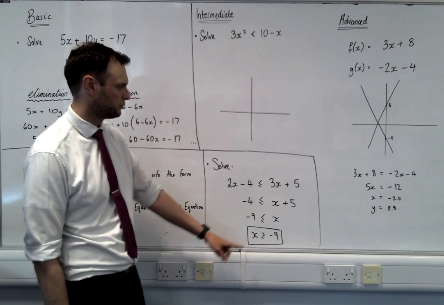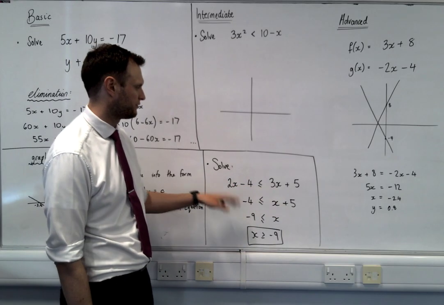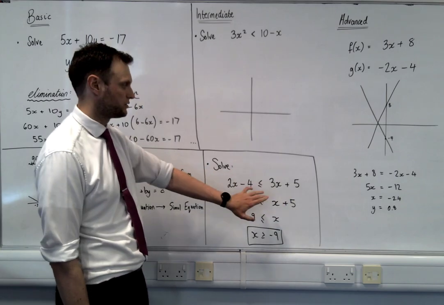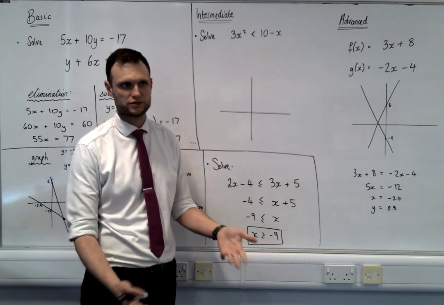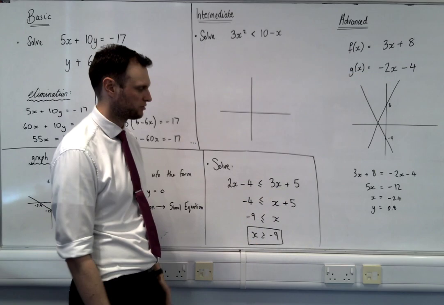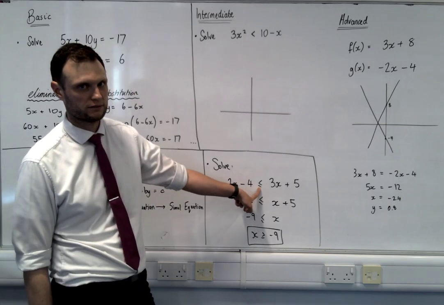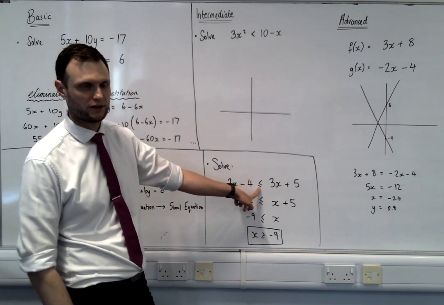So for example, if I'd have taken away 3x and then added 4, I would have minus x equals 9. If I wanted to change that to be x instead of minus x, I would have to times by minus 1 or divide by minus 1, that's the same. And doing that, you have to flip the sign. Okay? So if ever you times or divide by a negative, flip the sign.